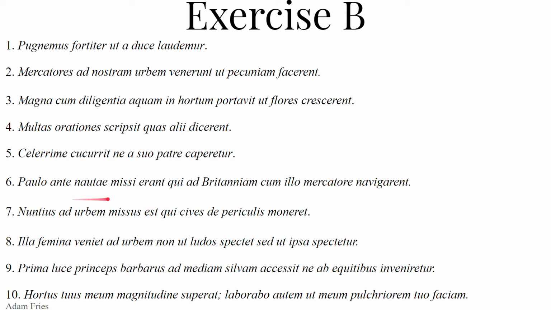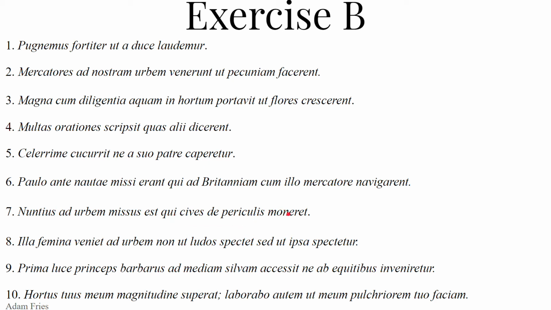Why was he sent to the city? What was the purpose of this messenger? Relative purpose clause, an adjectival purpose clause. So singular and masculine to agree with its antecedent, and they both happen to be nominative.